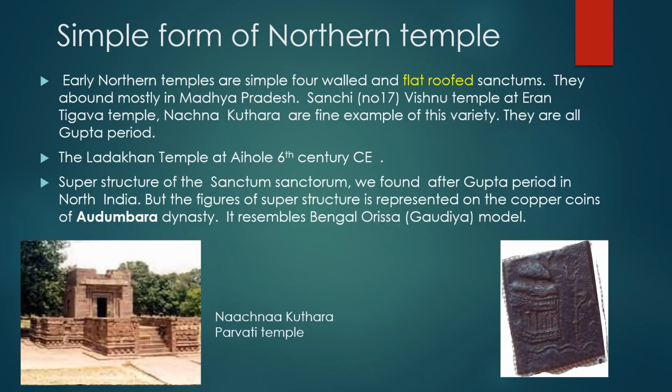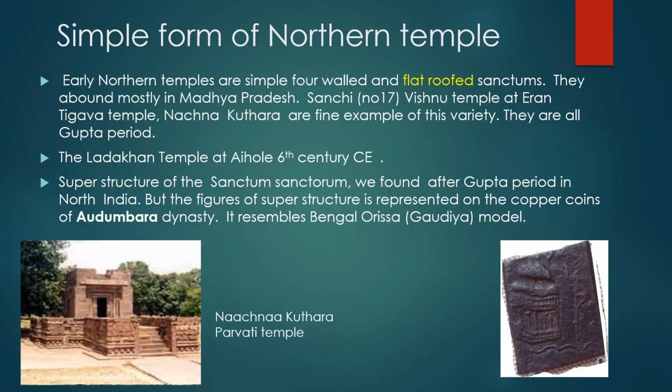The Ladkhan temple at Aihole is also 6th century CE, 6th century AD. It belongs to the Chalukya period. At Aihole, we have complexes of many temples. The Ladkhan temple does not have a superstructure. They are all flat roofs.